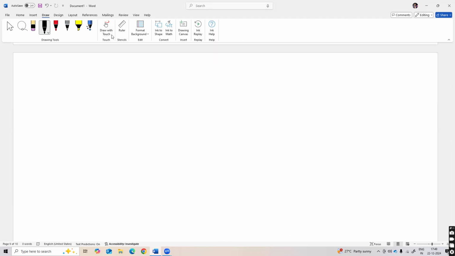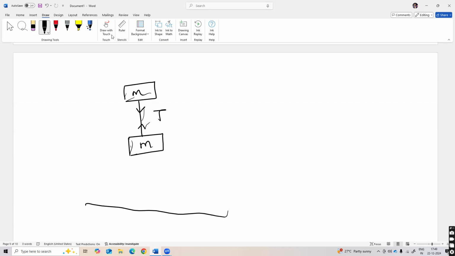So now let's say we have two masses, both having mass m kg. Let's say they are connected with a string, and there is tension T, and now they are basically free falling under gravity. This is the ground. They are falling from some height, and there is a string attached in between them. So what will be the tension in between these two masses? Can you solve this question?